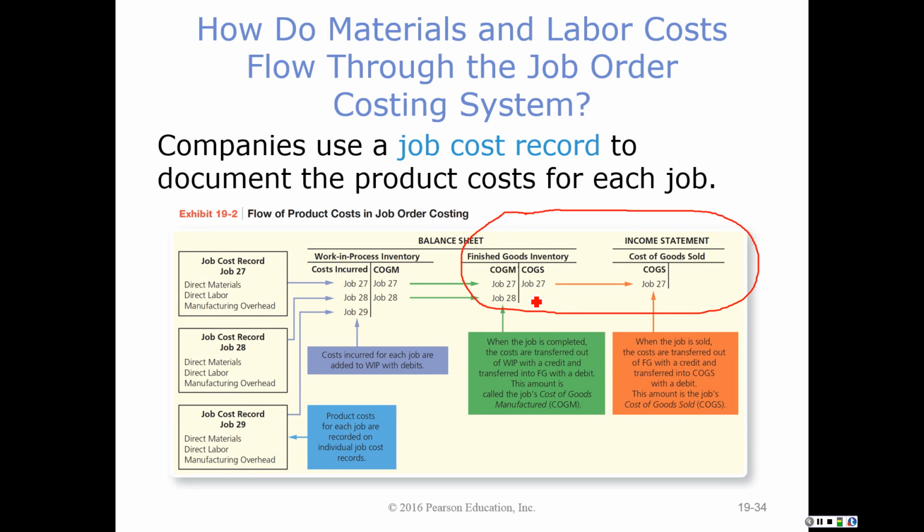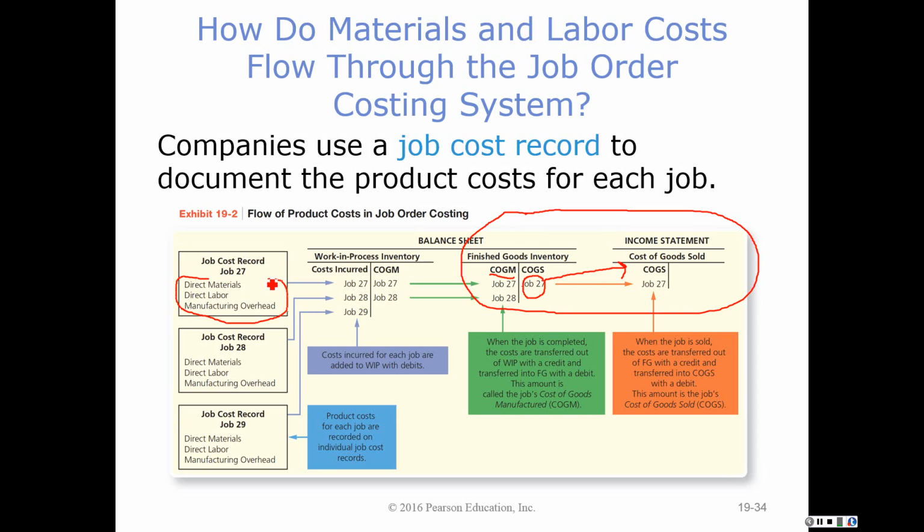And so as the merchandise has been sold, we're taking it out of finished goods and moving it over to the income statement as cost of goods sold. But I can't do that if I don't know cost of goods manufactured, which is going to include all the material, the labor, and the manufacturing overhead that we started with.